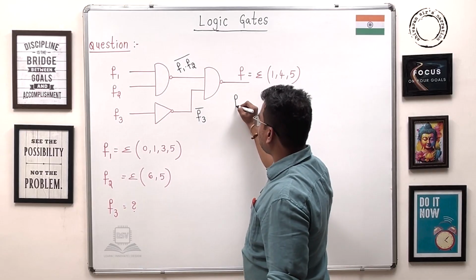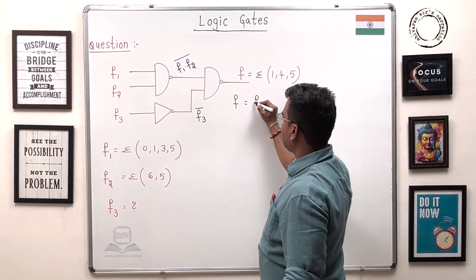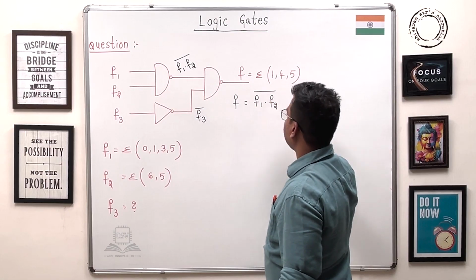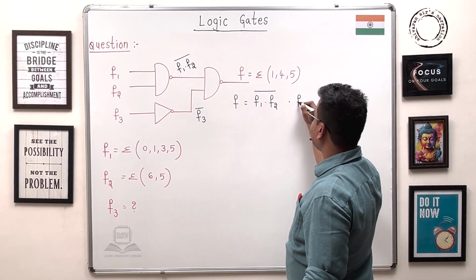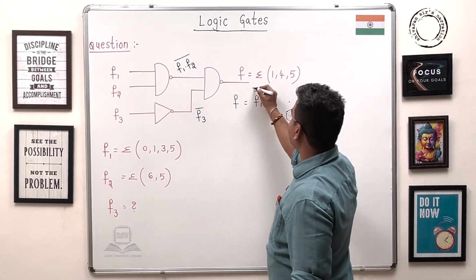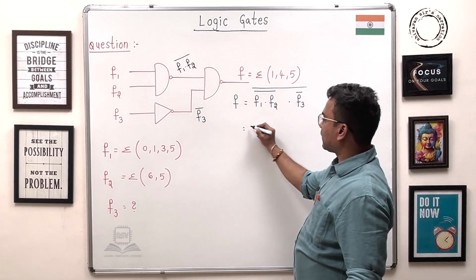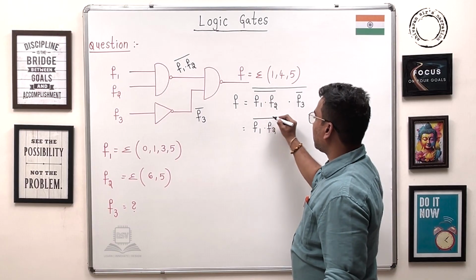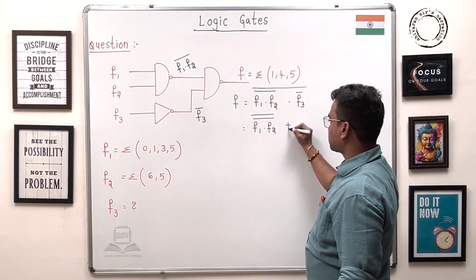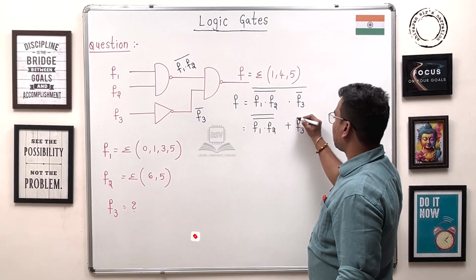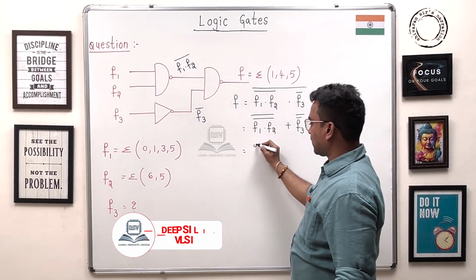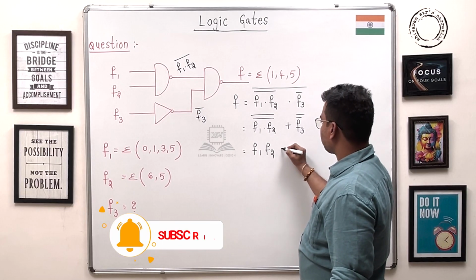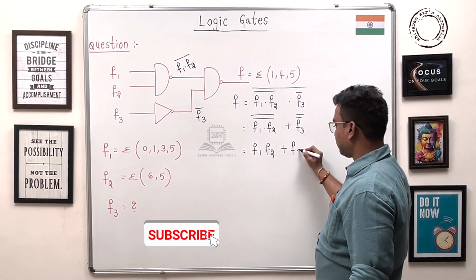Then F is equal to ((F1 into F2) whole bar into F3 bar) whole bar. By applying De Morgan's theorem, you can rewrite it as (F1 into F2) bar whole bar plus F3 bar whole bar. Then the output expression is F1 into F2 plus F3.